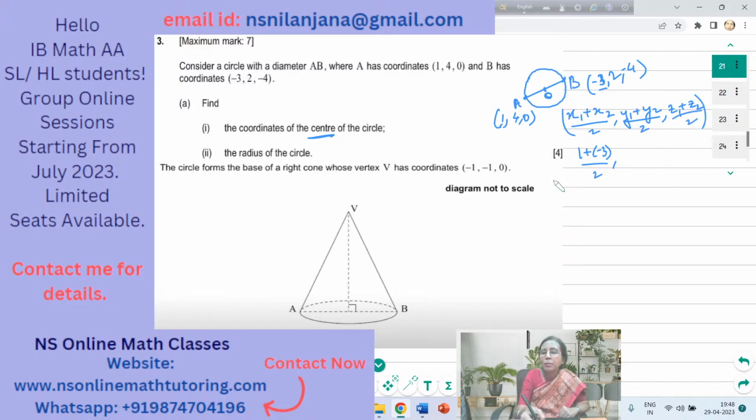Same thing, but it will include the z. y1 plus y2 over 2, so (4 plus 2) over 2, and (0 plus -4) over 2. Okay. These will be the coordinates. So 1 minus 3 is -2, -2 over 2 is -1.